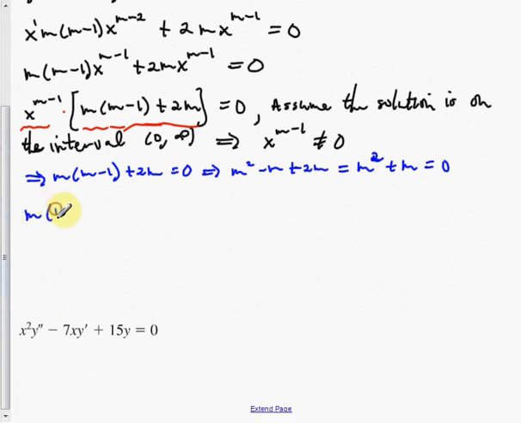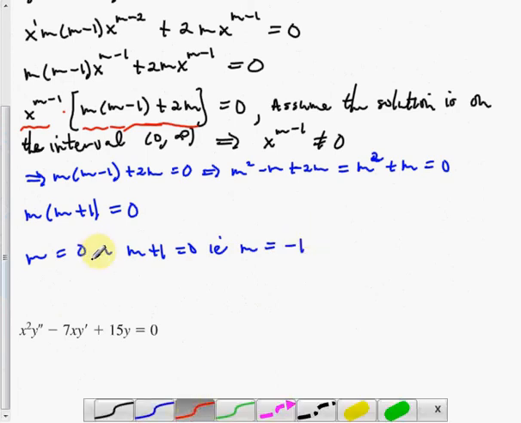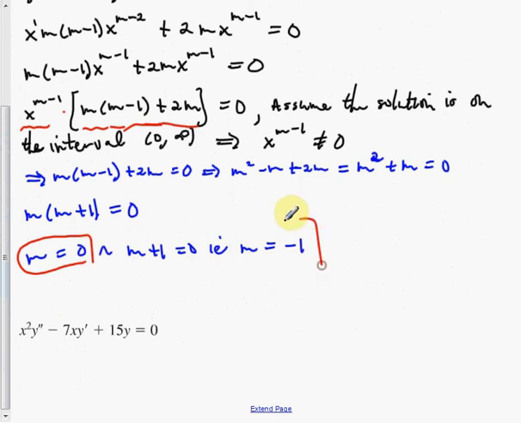This is m times m plus 1 equals 0. So here m equals 0 and m plus 1 equals 0, that is m equals negative 1. So the two values that you want for m would be 0 and negative 1. Okay? Any questions there?